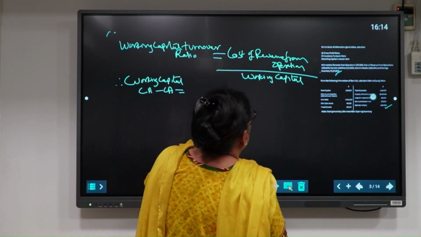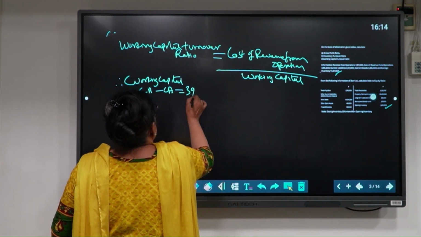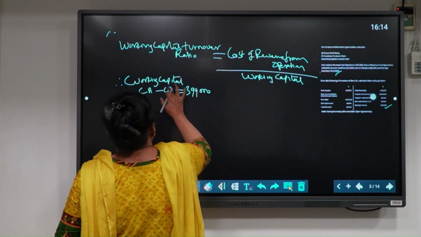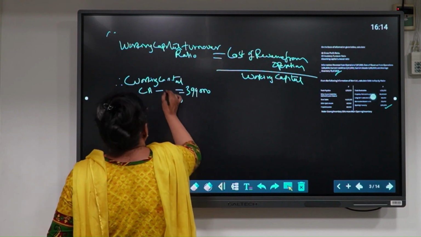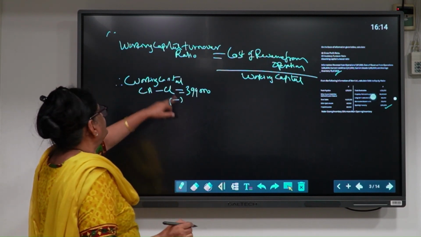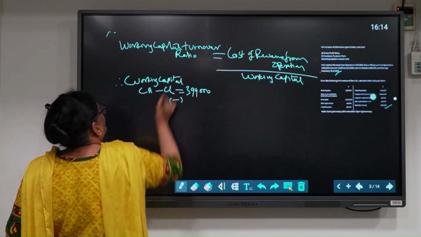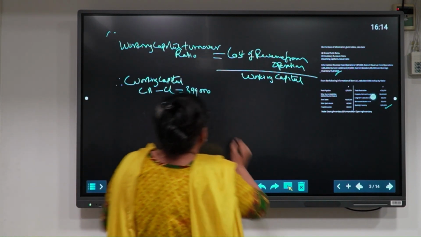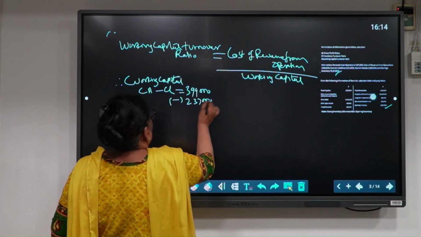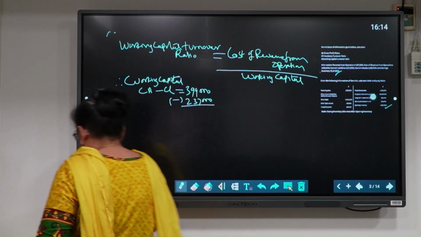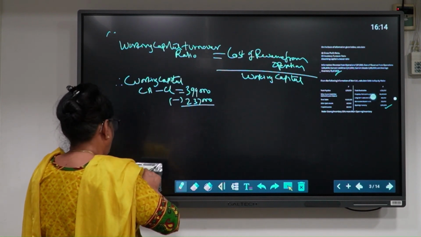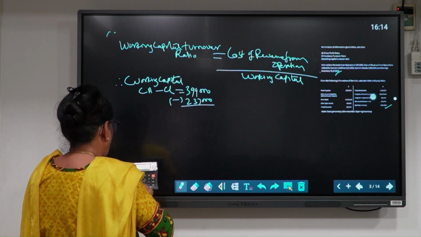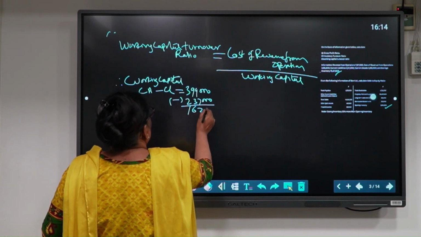Current assets are 3,99,000 minus current liabilities, 2,37,000. So you just subtract and tell me how much you get. 3,99,000 minus 2,37,000, you get 1,62,000, correct?